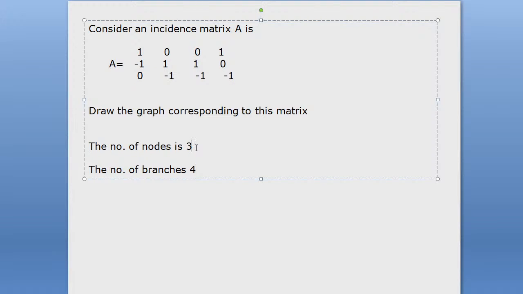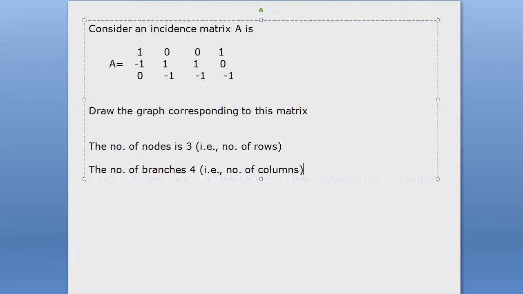You write here the number of rows, and here the number of branches, columns.